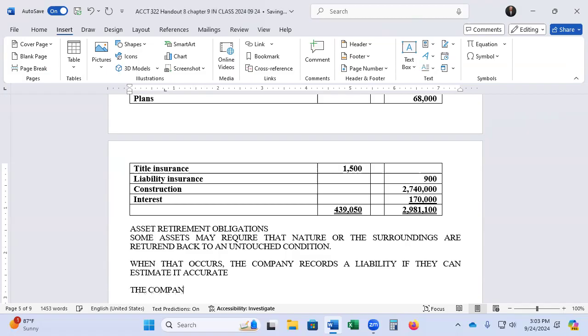So the company estimates the liability by taking the present value of the fair value of the estimate.